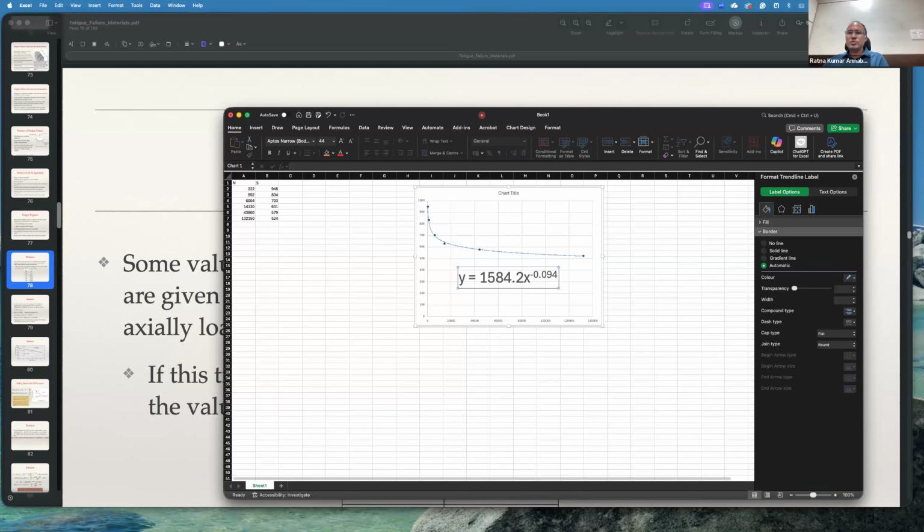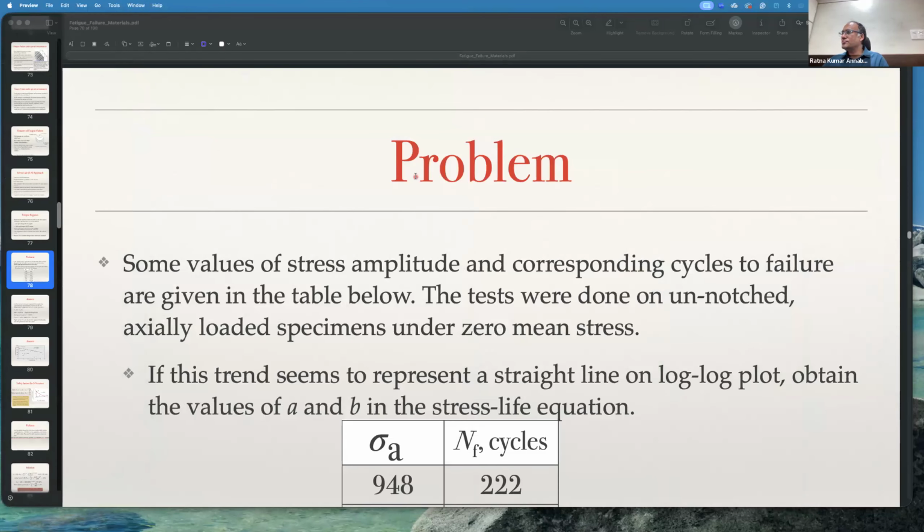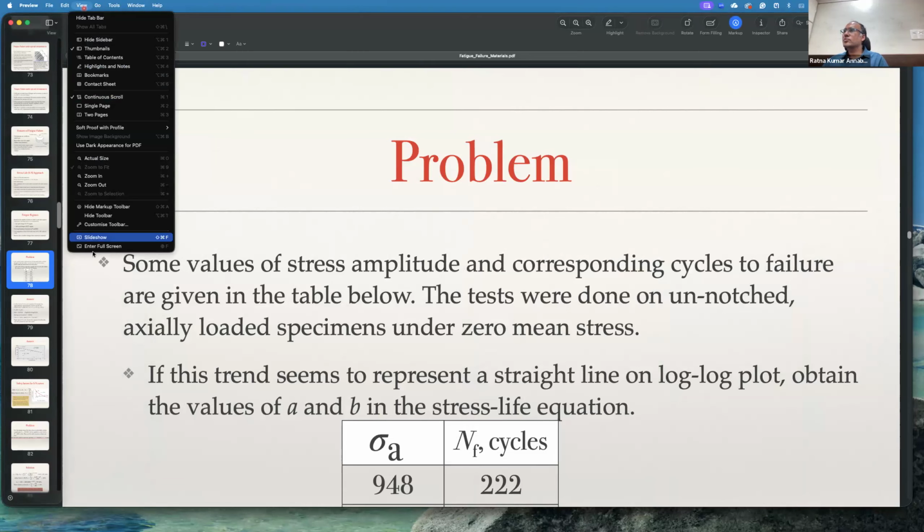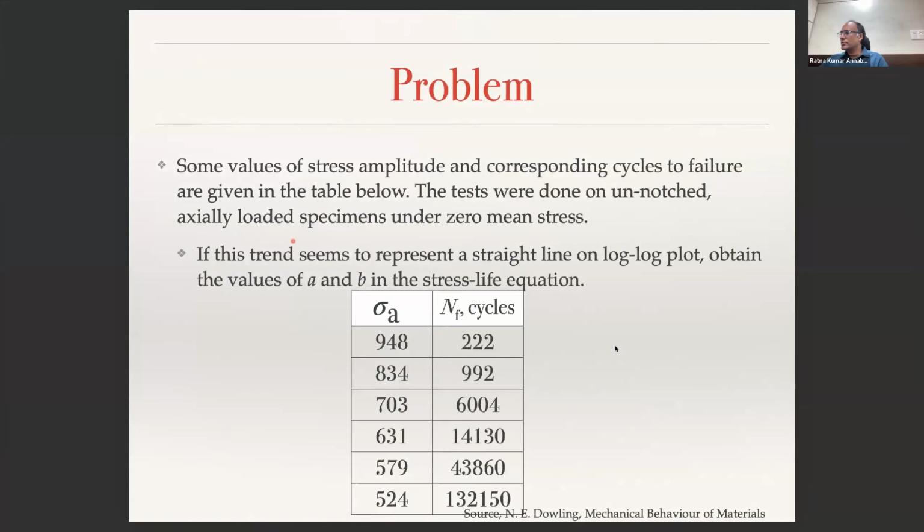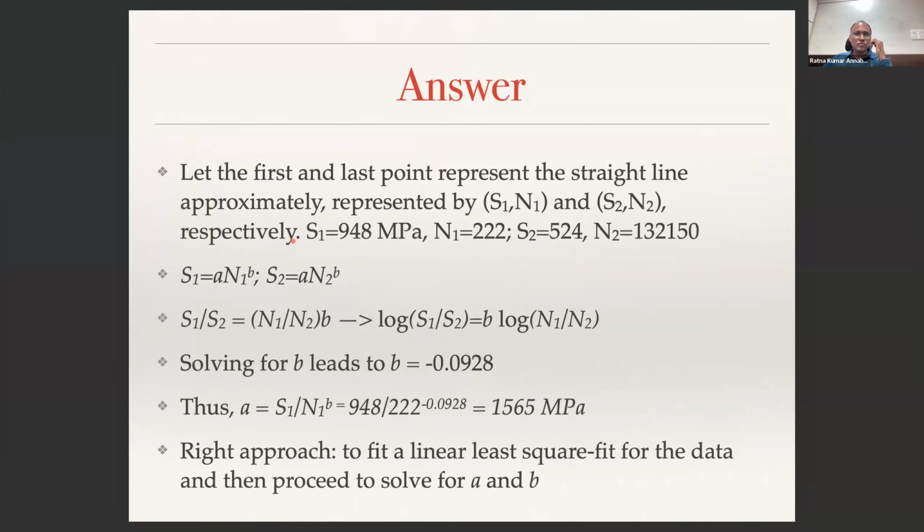So 1584.2. Normally the best way to do it is what we have done, we fit a curve. But sometimes you don't have the possibility to do curve fitting, then you can take any 2 points and try to fit a straight line, using those 2 points on a log plot.